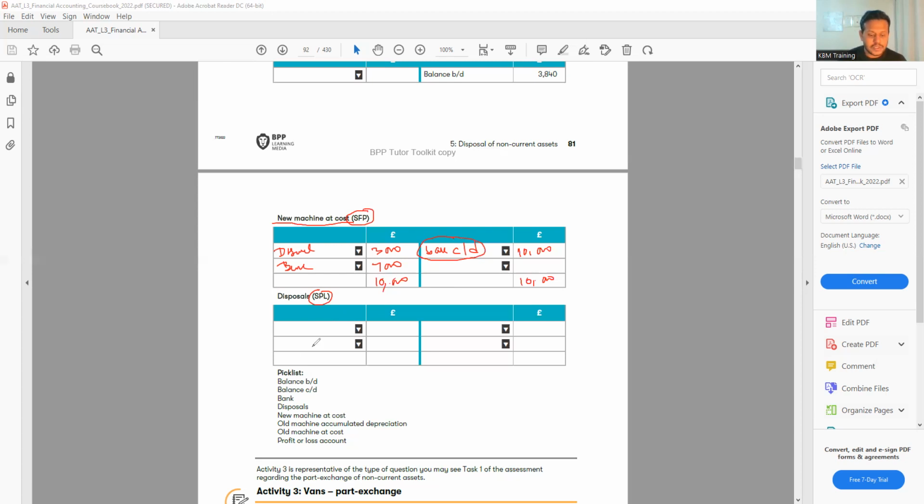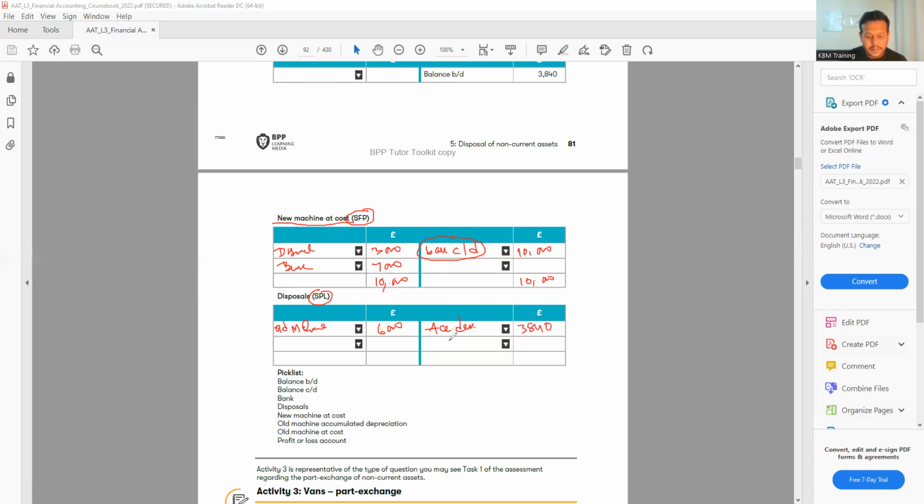Okay, with the disposal, this time I'm not going to write any bank because obviously this time a new asset is coming. So the first one is the old machine. The reason I'm writing the old machine is because there are 2 machines now. One is old and one is new. Old machine 6,000 is gone. Then accumulated depreciation for the old machine, that is 3840, exactly the same thing we did before.